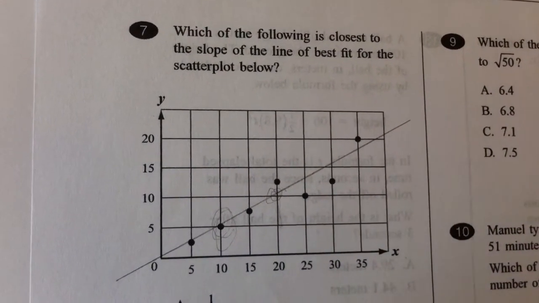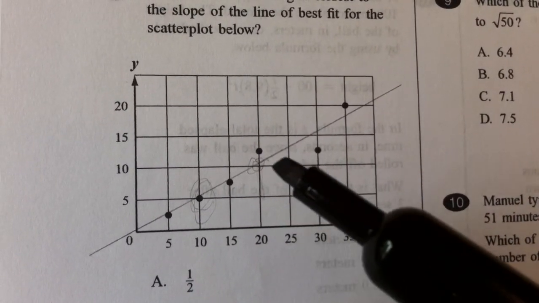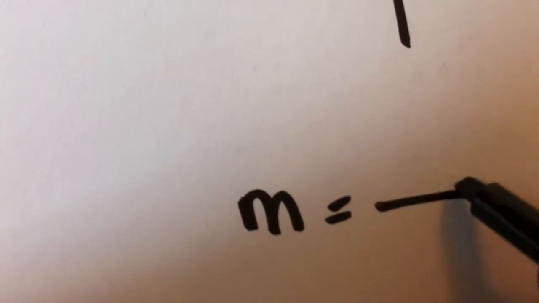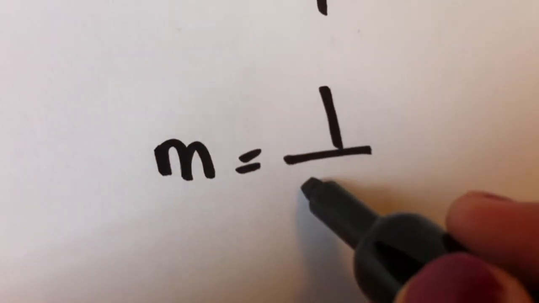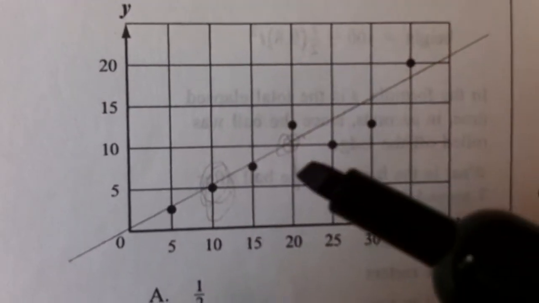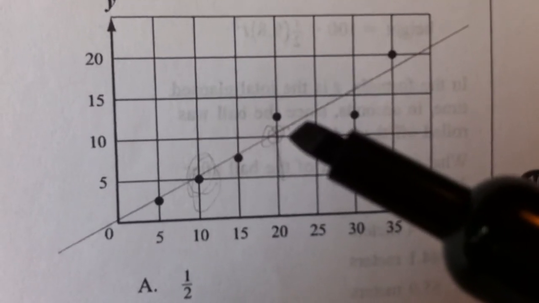So if I just write down the rise to run, the rise is 1 and the run is 2. So slope is 1 over 2, right? Or I can just write down the actual numbers. That will also simplify to the same 1 over 2.